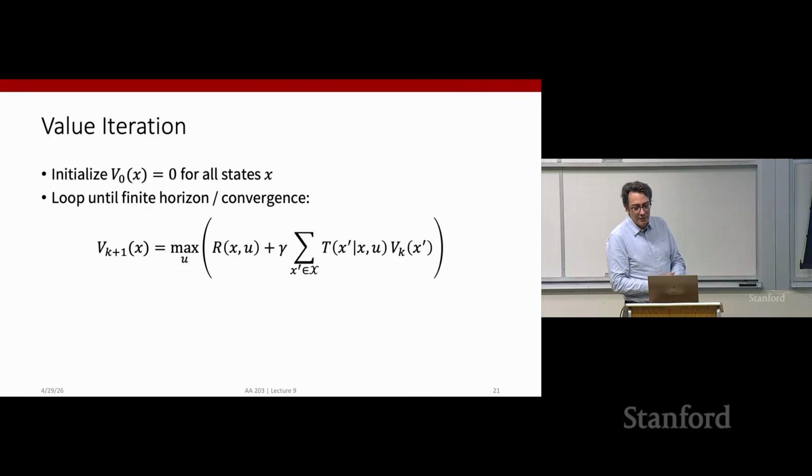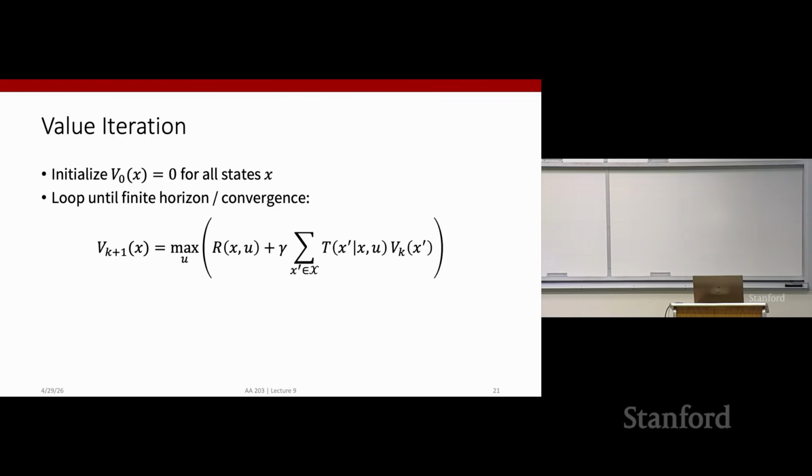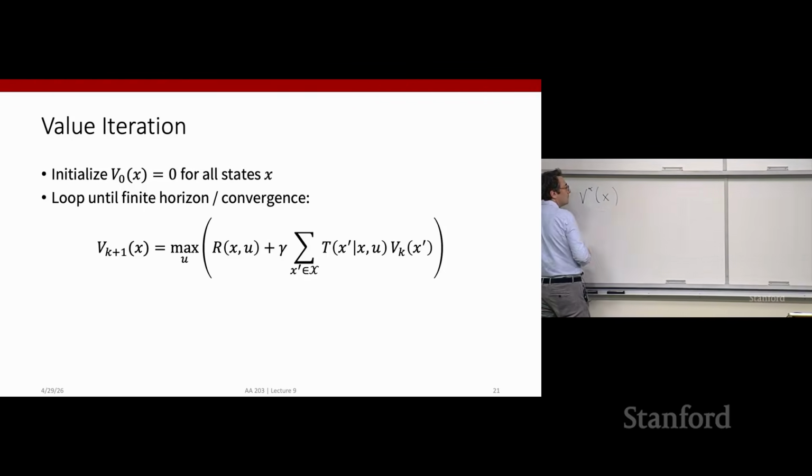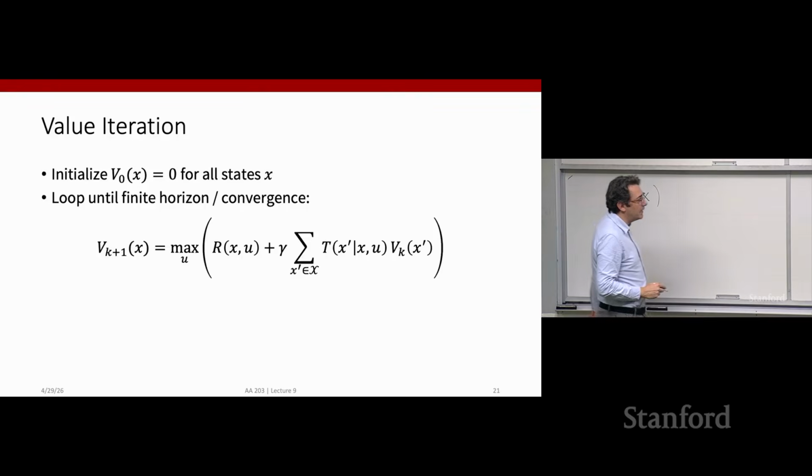It turns out that this algorithm is indeed guaranteed to converge to the optimal value function V star. So for any initial condition, the iterates, V_k, will converge to the optimal V star of x. If you have no clue about what the value function is, you can just start by assigning 0 to all possible states.